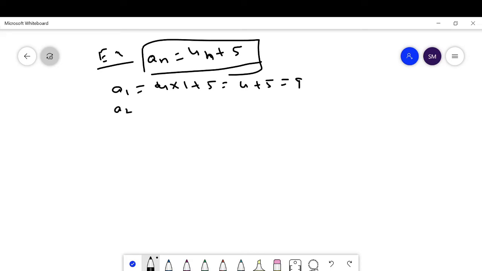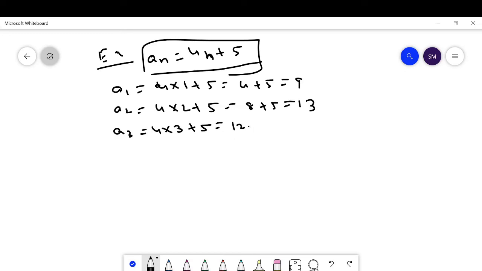Then A2 is equal to 4 into 2 plus 5, which is 8 plus 5, equal to 13. Then A3 is equal to 4 into 3 plus 5, which is 12 plus 5, equal to 17. In this way we can find An plus 1 equal to 4 into n plus 1, plus 5.